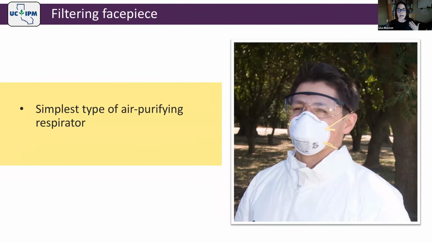It is an air purifying respirator. Often it's listed on pesticide labels or in technical documents as TC84A. But the most important thing to know is that it filters out dusts and mists, including spray droplets. Okay, it's not going to filter out any kind of vapor or gas. It is simply a dust, mist, spray droplet type of filter.